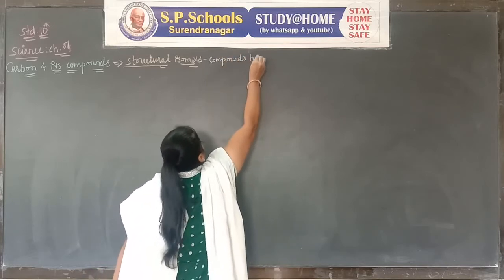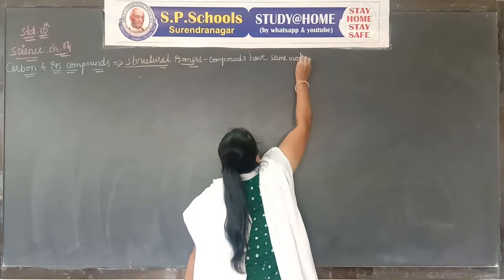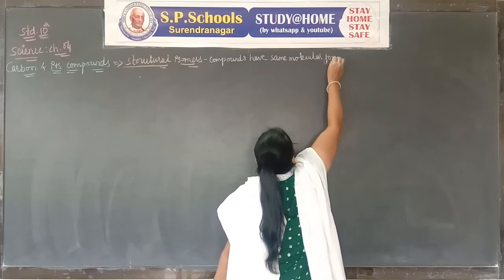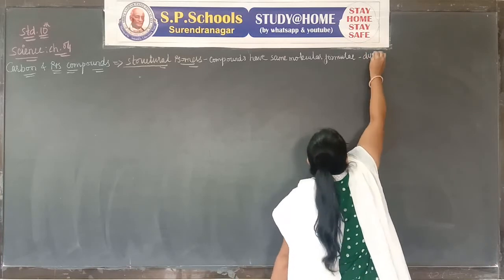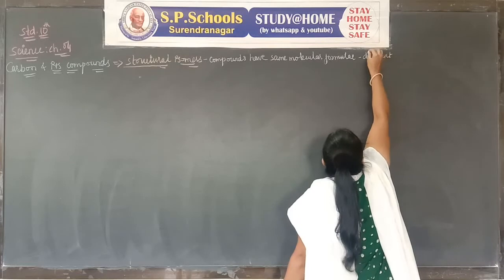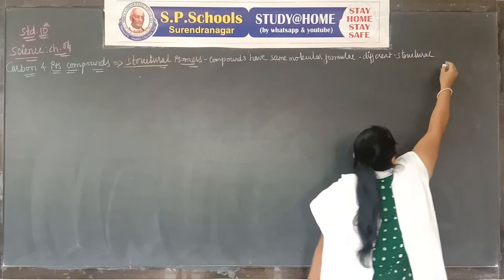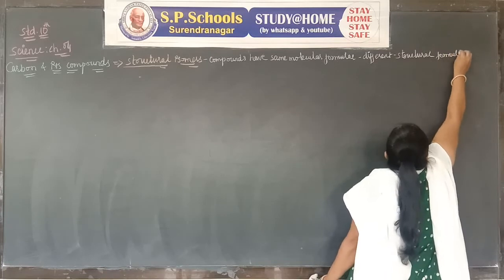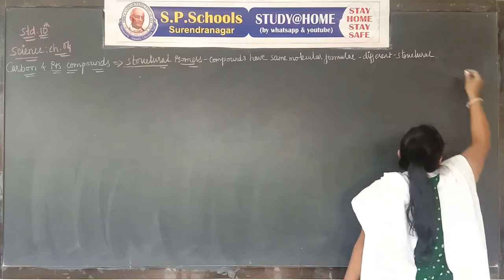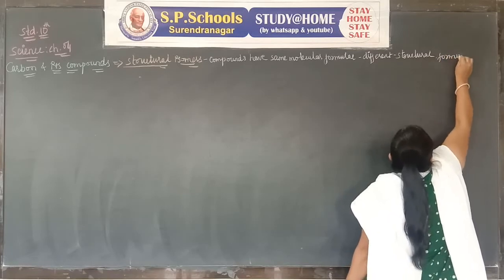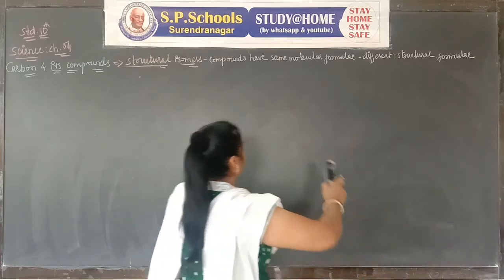Compounds that have the same molecular formula but are different in structural formula are called structural isomers.